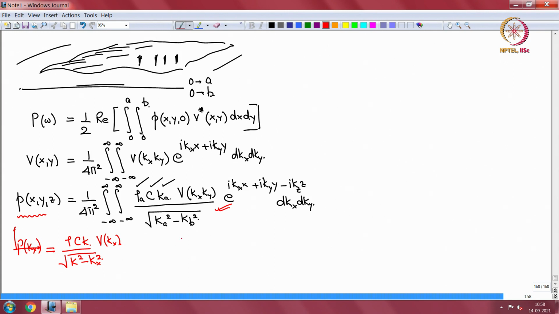So this is just an extension to 2D. So this kp square is kpx square plus kpy square.